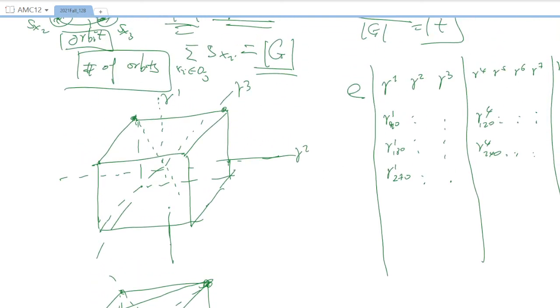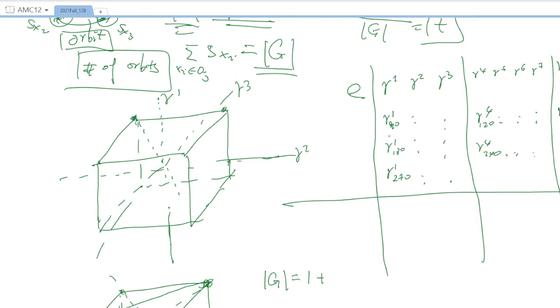So let's write down. It's R8, R9, R10, R11, R12, R13. For each one of them, we only have one rotation, like R8 180, and the rest of them are the same. Now we can count how many operators we have. The number of operators: E is 1.